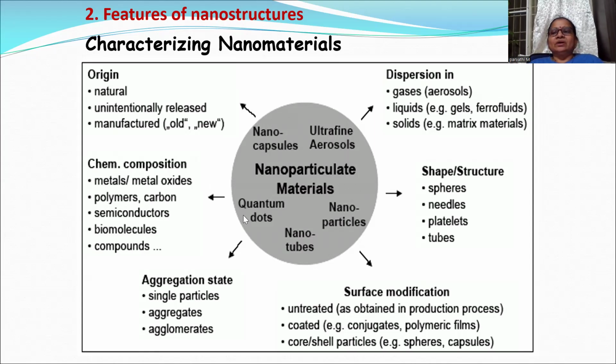Similarly, when it comes to quantum dots, chemical compositions are mainly required for identification. These quantum dots can be observed in metals or metal oxides, polymers, carbon, semiconductors, and biomolecules and compounds. Similarly, for nanotubes you can observe the aggregation state: single particles, segregates, and agglomerates.